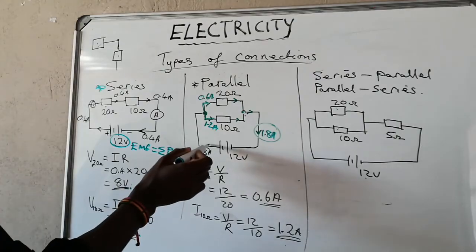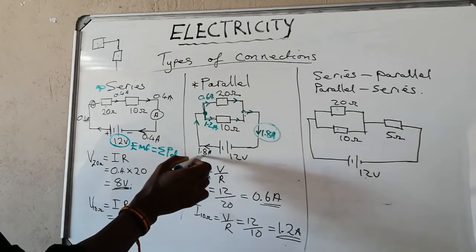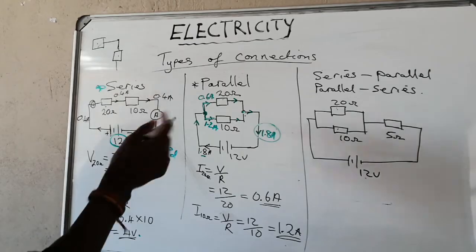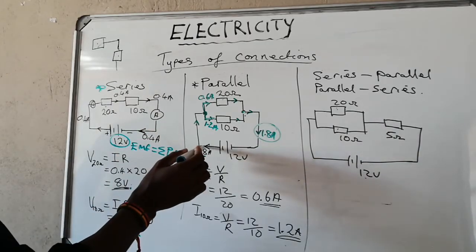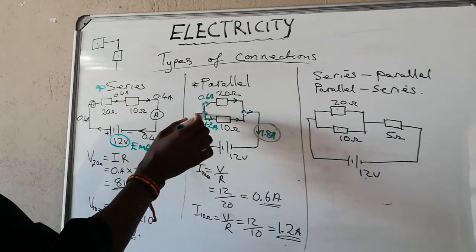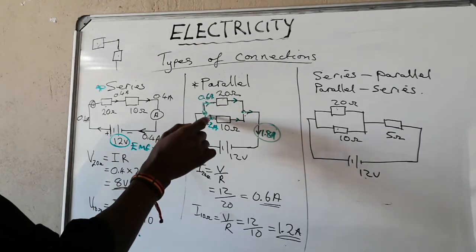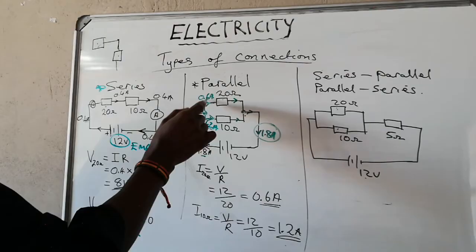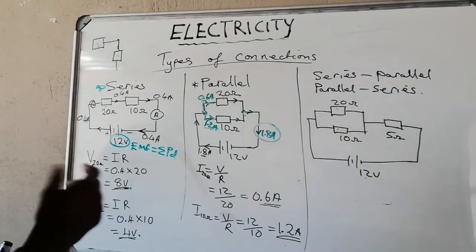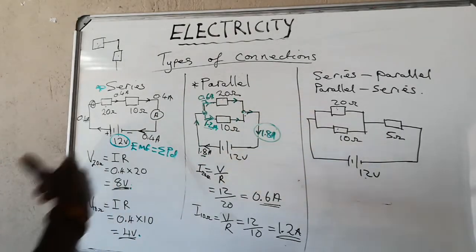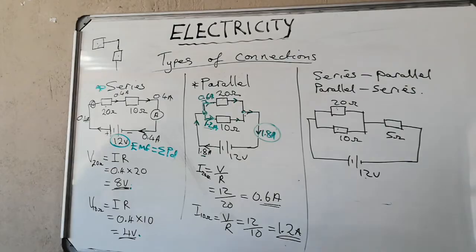So if we have current of 1.8, you look at the arrows, current always has direction. 1.8 flowing to this junction, and we look at how much currents are flowing away from this junction. Those arrows, we have 1.2 and 0.6. The sum of those ones flowing away should be equals to the sum of the current flowing to the junction.